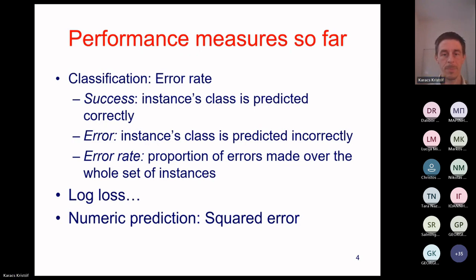For some other models, like probabilistic models, there can be different error measures, which we will talk about. And also for numerical predictions, like regression models, there are, again, different error measures.